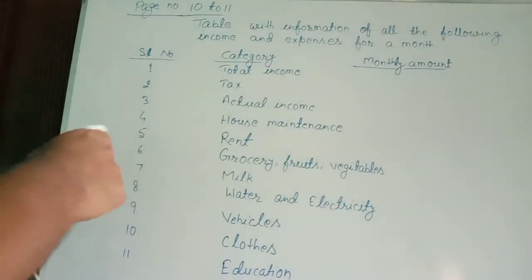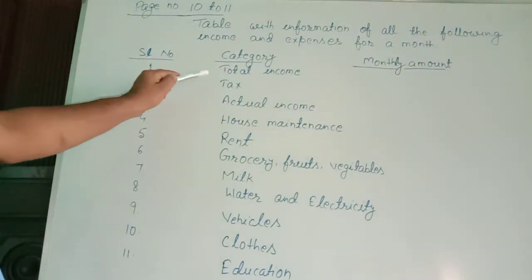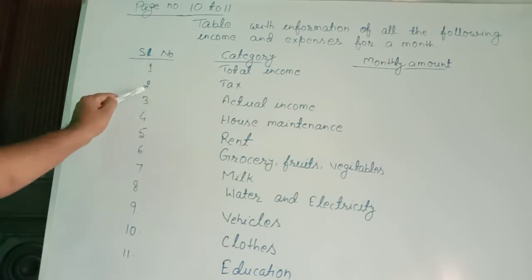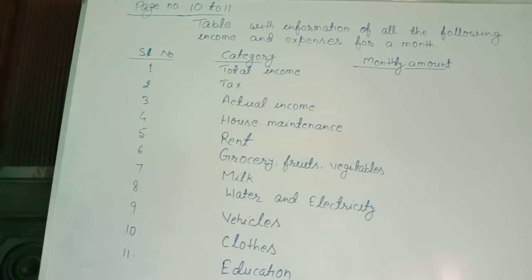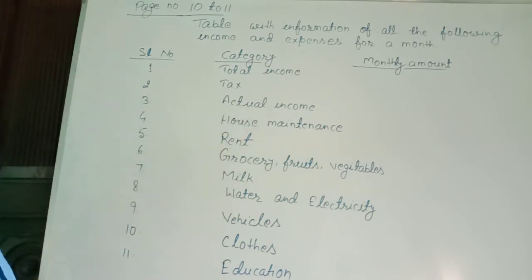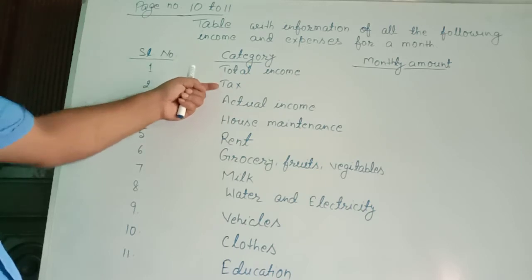So these are serial numbers 1, 2, 3, 4, and so on. Serial number 1, total income. Serial number 2, tax, if income is taxable. Number 3, actual income. Actual income will come from total income minus tax.